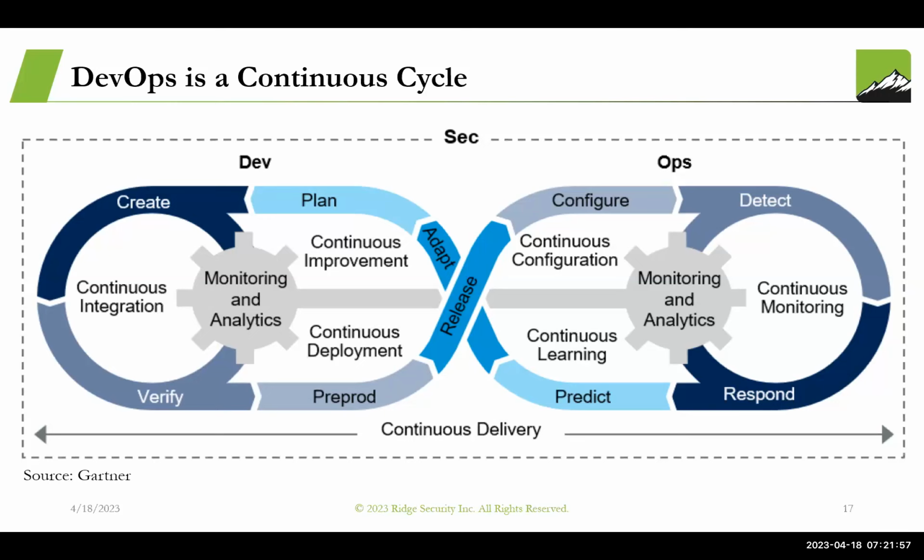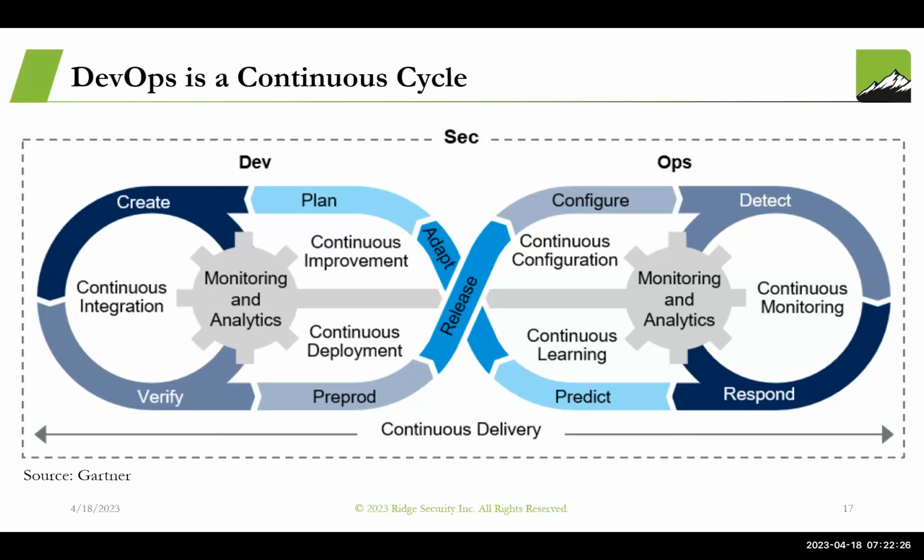And of course, DevOps' main promise is to have rapid iteration and development, which would lead to continued innovation. And it's become extremely popular, as you already know. So on the Dev side, just real quick, you can see that we have planning, creating, verifying, pre-production, trial, and then we have release.